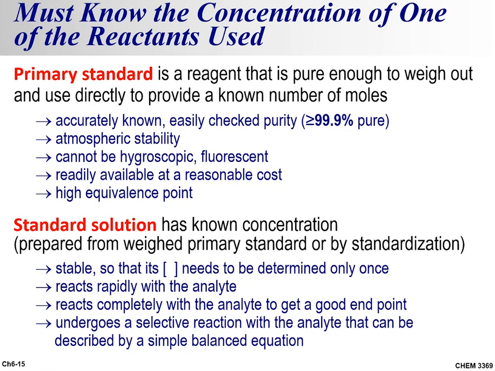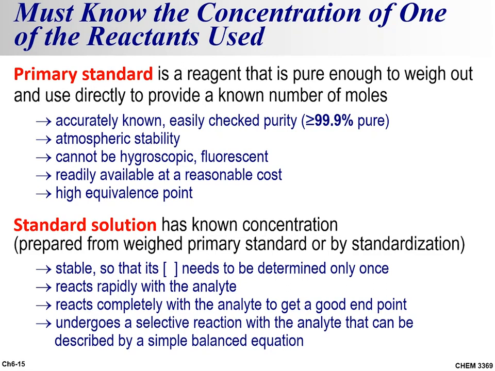Now, these standard solutions also have to meet certain criteria that are listed at the bottom of this slide. So they should be stable. Okay, so its concentration needs to be determined only once, and then it should remain the same.